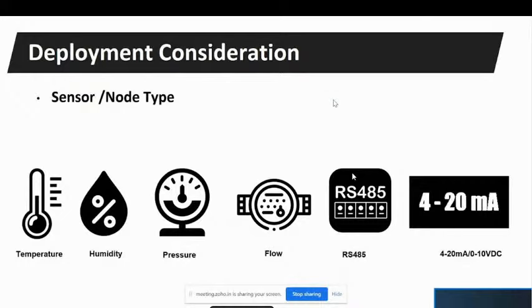Either you will be monitoring temperature, humidity, pressure, flow, RS485 devices, or 4 to 20 mA or 0 to 10 volt DC signals, so you need a device for that. Either you can get a custom sensor that sends data on the LoRaWAN network on its own, or you can put a traditional sensor and convert it to LoRaWAN using LoRaWAN converters.